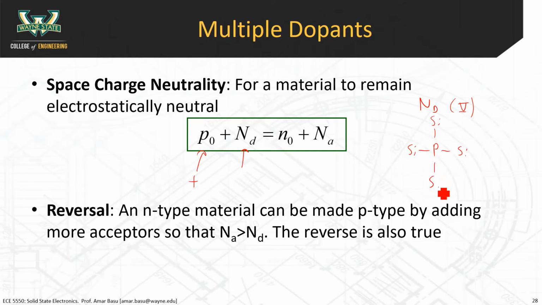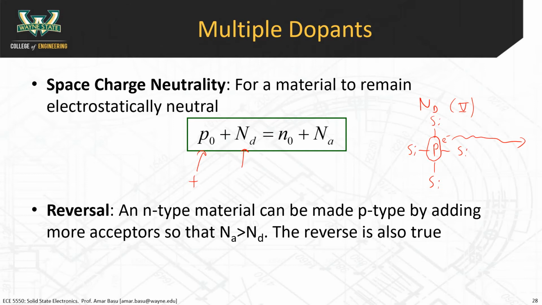Phosphorus had that extra electron in there, and that extra electron is going around and doing its thing. If you apply voltage to it, that electron will move around. It's free to move, right? So when the electron leaves this phosphorus atom, do you know what the effective charge on it is? Positive.